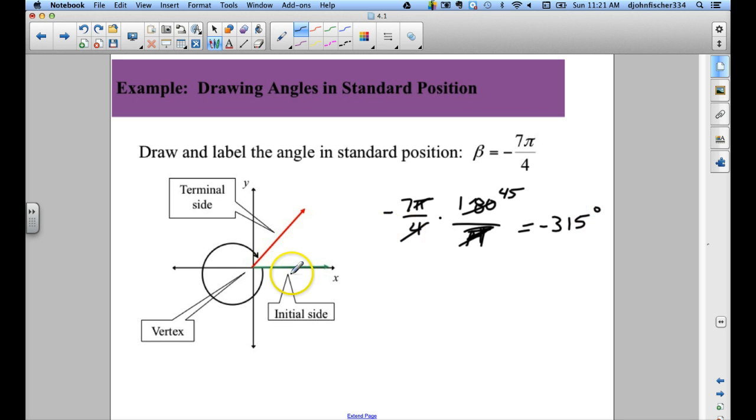Okay? And we're looking at negative, so we're going to start with your initial side. We're going to rotate negative 315. Well, here's a negative 270. We're going to go a little bit further than that, but this is a negative 360, so we're not going to go this far, so negative 315 would be right in here. So this would be negative 7 pi over 4.